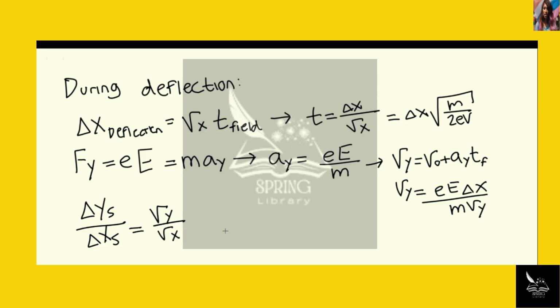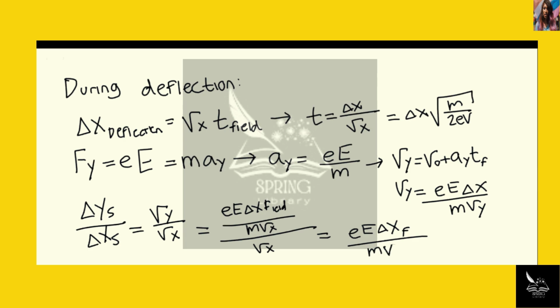We could plug in some stuff we know and do a bit of simplification. And we have a ratio of delta y and delta x of the screen equal to these other quantities.